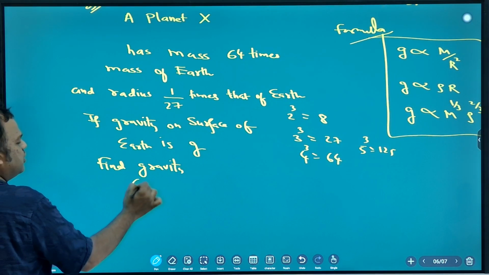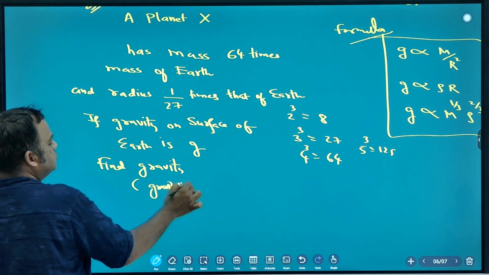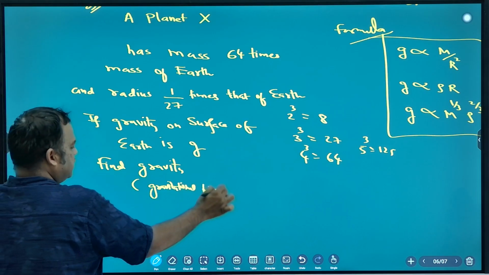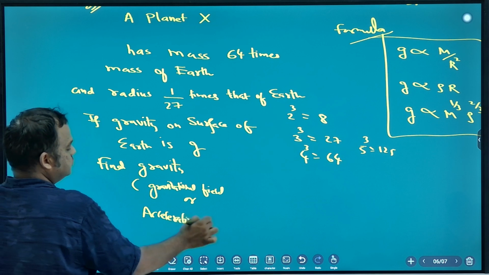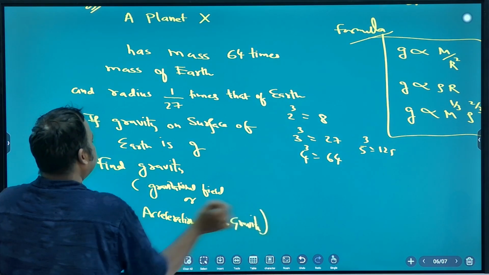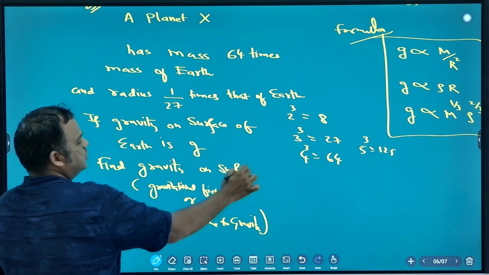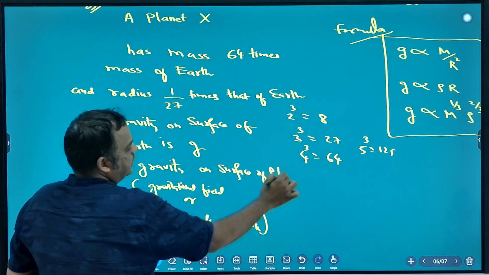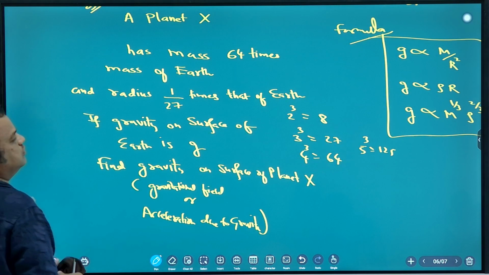Gravity is a short name for gravitational field, or you can say acceleration due to gravity. Okay, find gravity on the surface of planet X. Solve, try.